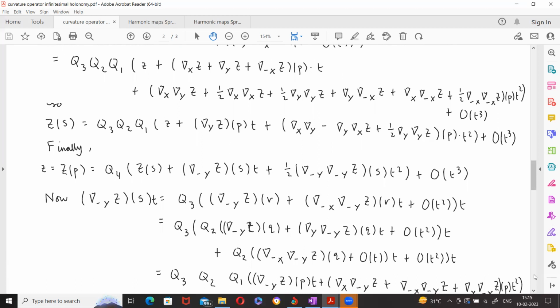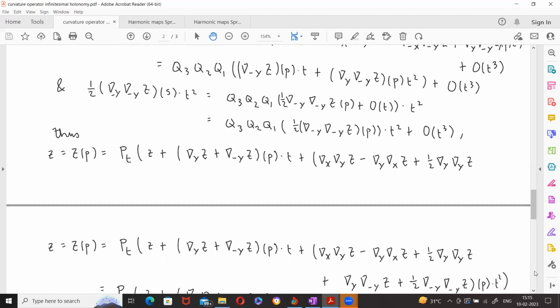And so you get an expression for z of s as q3, q2, q1 of some sum, where some cancellations occur. And then finally you get little z, which is z at p, becomes q4 of something, and then you apply further calculations.